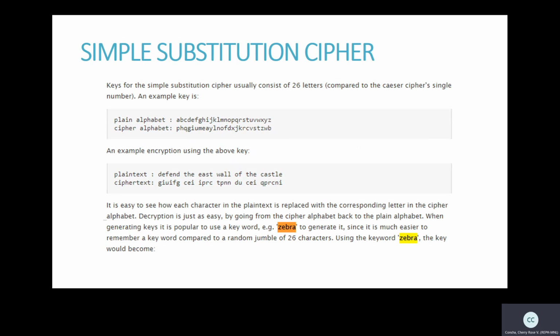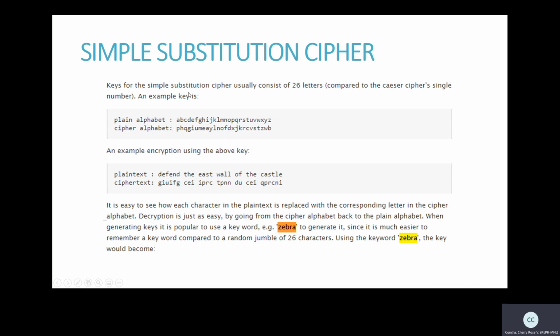Substitution cipher. So here, notice that this is the ciphertext. For example, we just use a simple substitution cipher. We just use this cipher alphabet. This is generated by us. You might ask, wow, paano nangyari? Bakit naging ganyan yung ano?